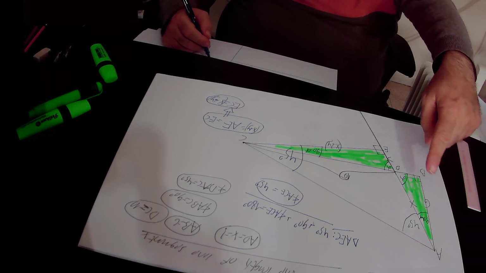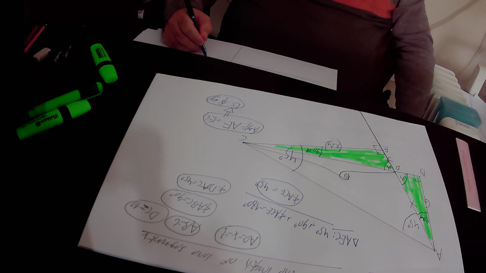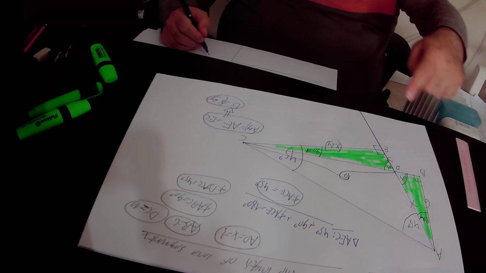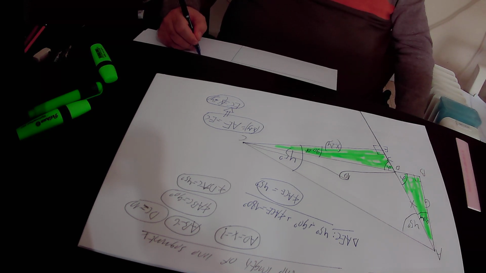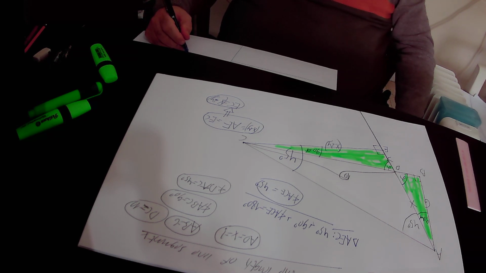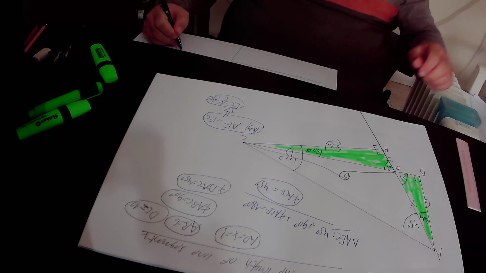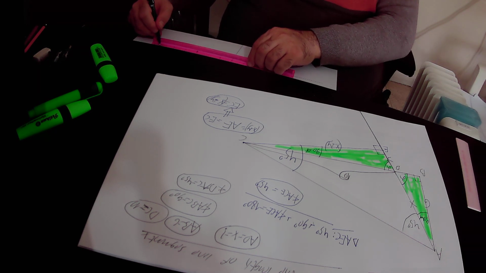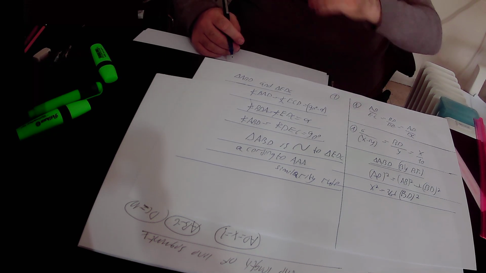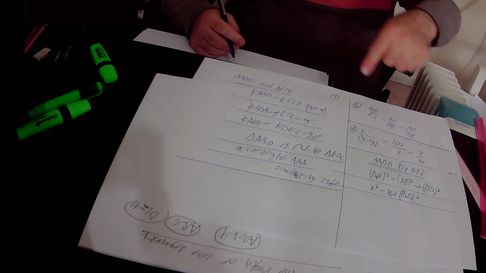AD equals x, so AD squared is x squared, and it is equal to AB squared. AB equals 6, so AB squared is 6 squared, that is 36, plus BD squared. BD is the missing line segment, so we leave it as it is. Here we found that x squared equals 36 plus BD squared.